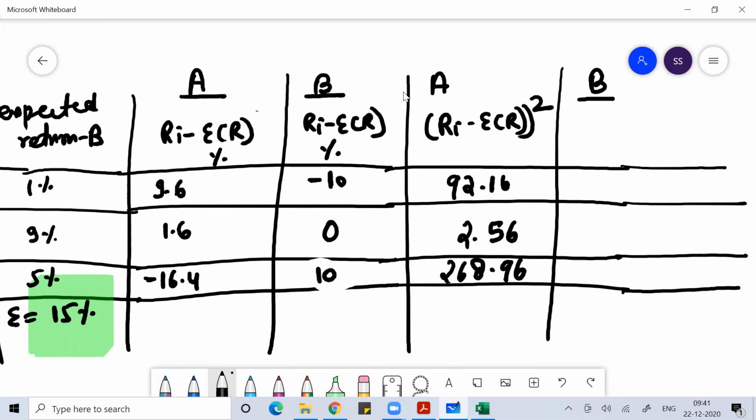Then for B, Ri minus ER whole square. 10 square 100. 0 square 0. Clear everyone?